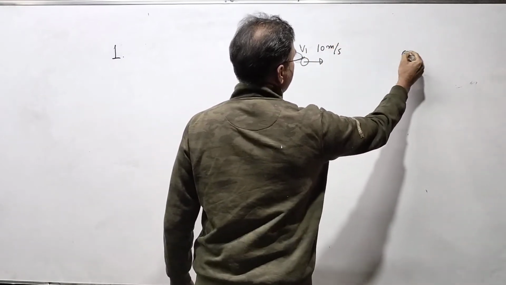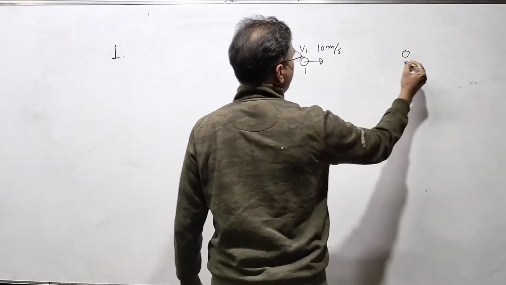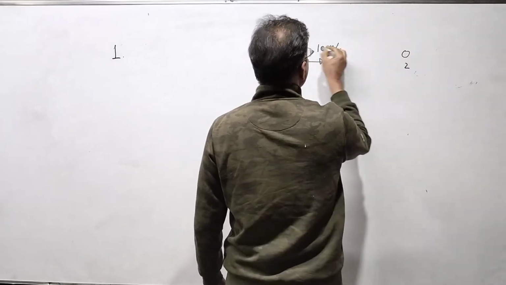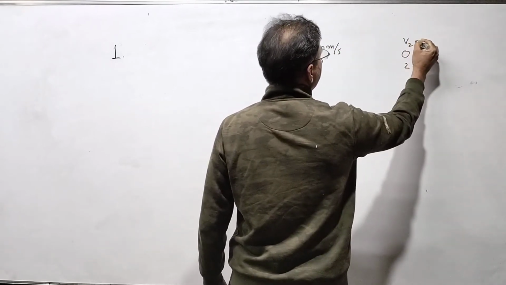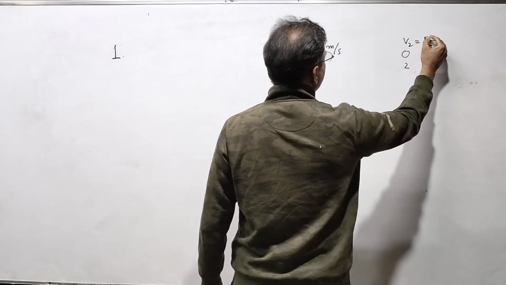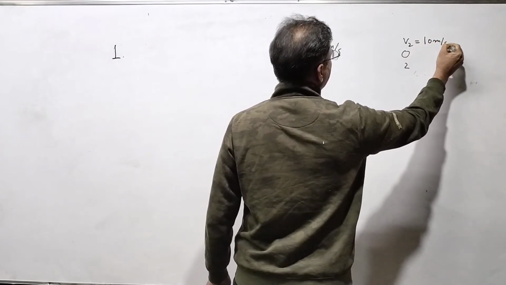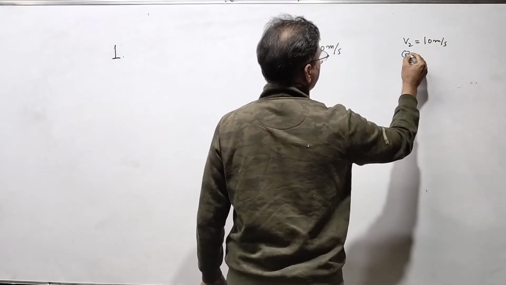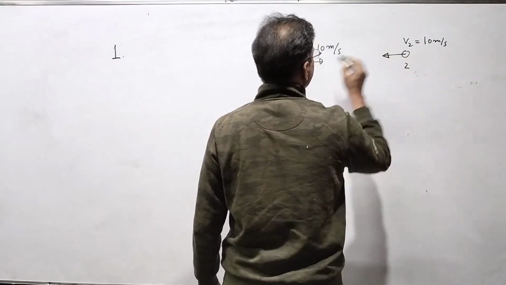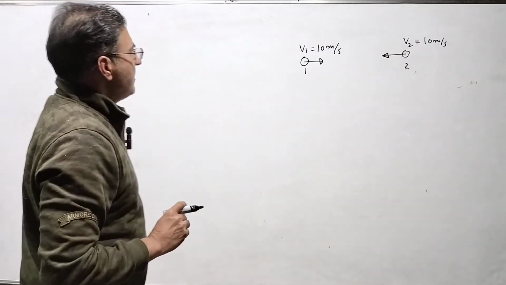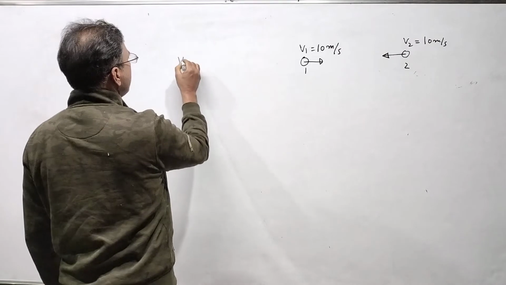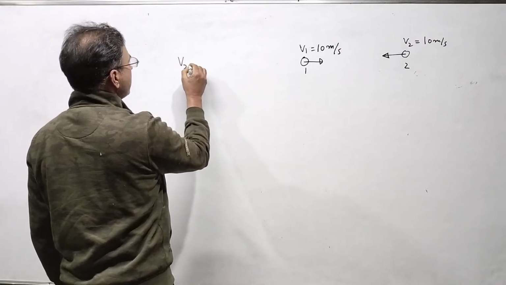There's one more particle, particle second, and its velocity is 10 meters per second in this direction. The question is, what is the velocity of the second particle with respect to the first particle?